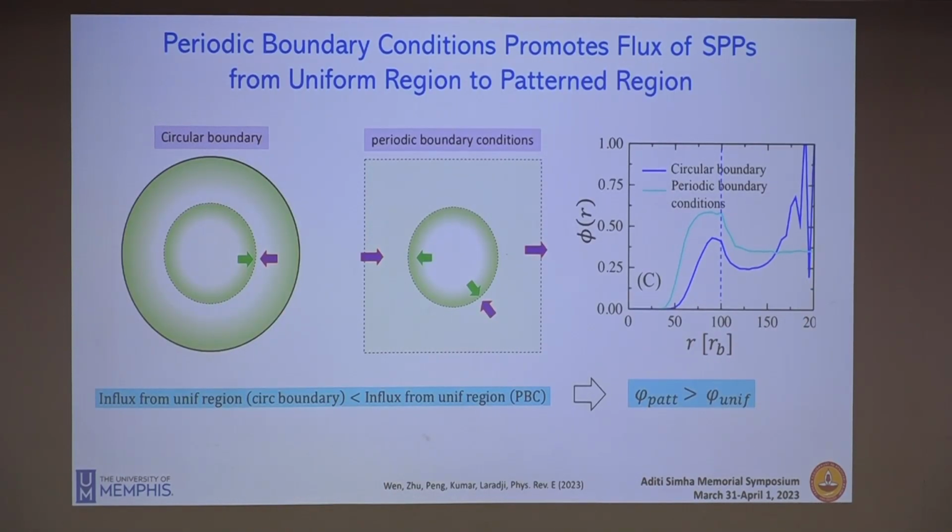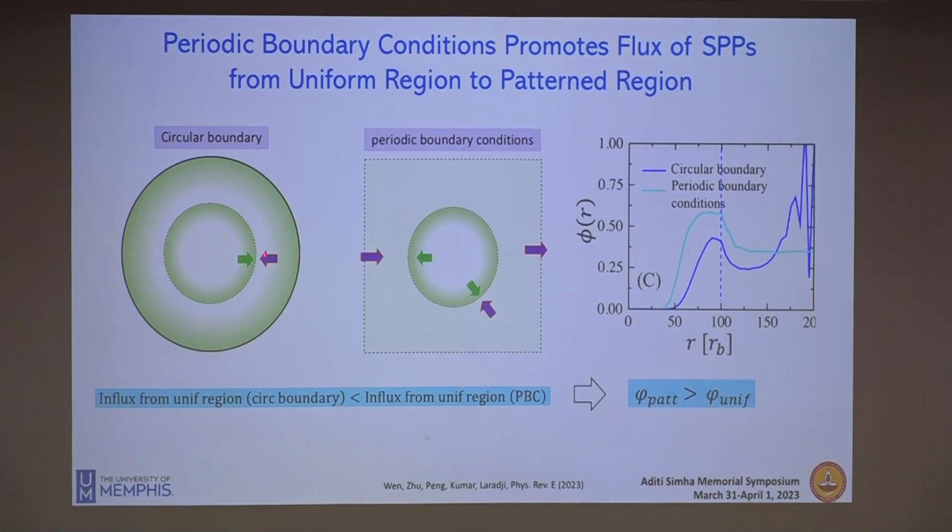Okay, and we could confirm that by taking the case where we don't have a circular boundary, but rather periodic boundary conditions with a patterned circular region as before. And in this situation, we see that there is a higher amount of particles in the patterned region than with the circular outer boundary.